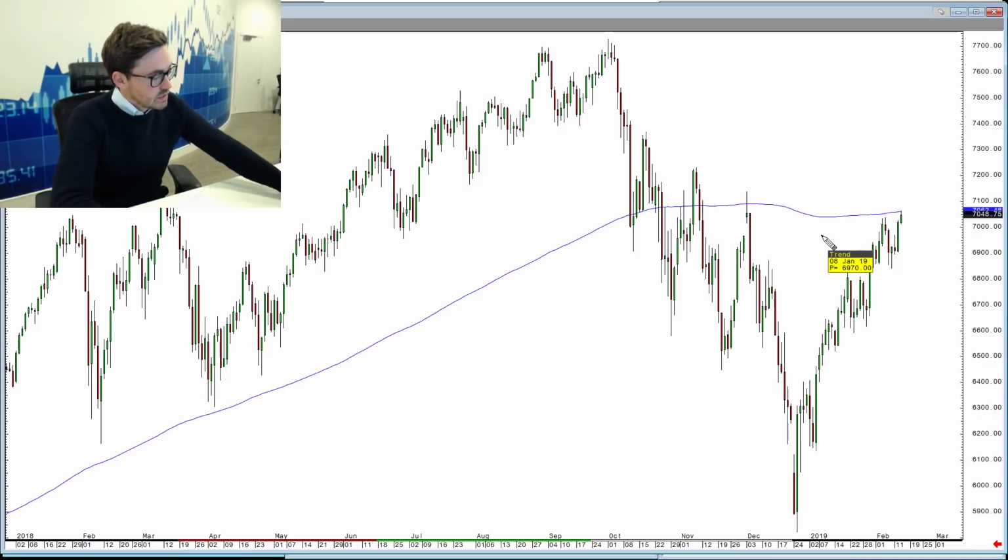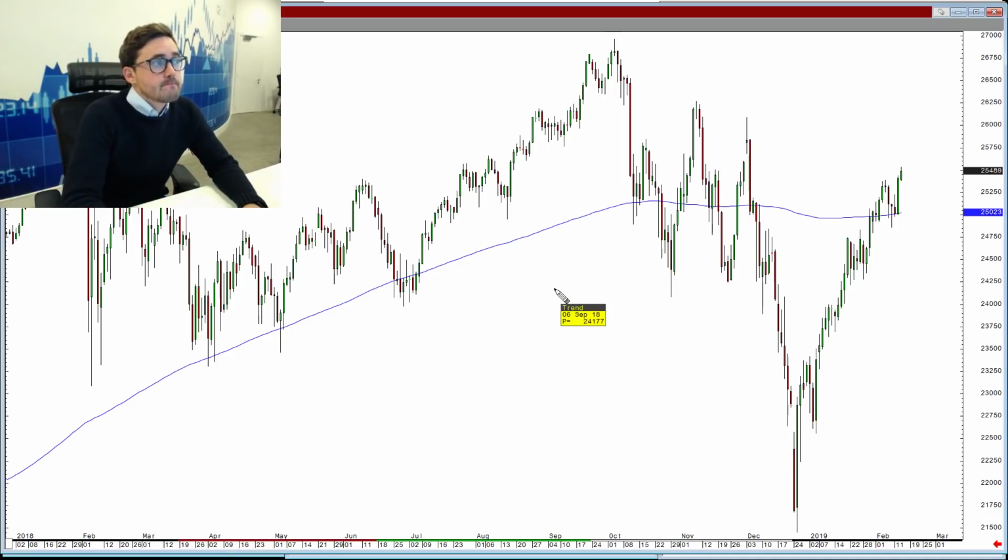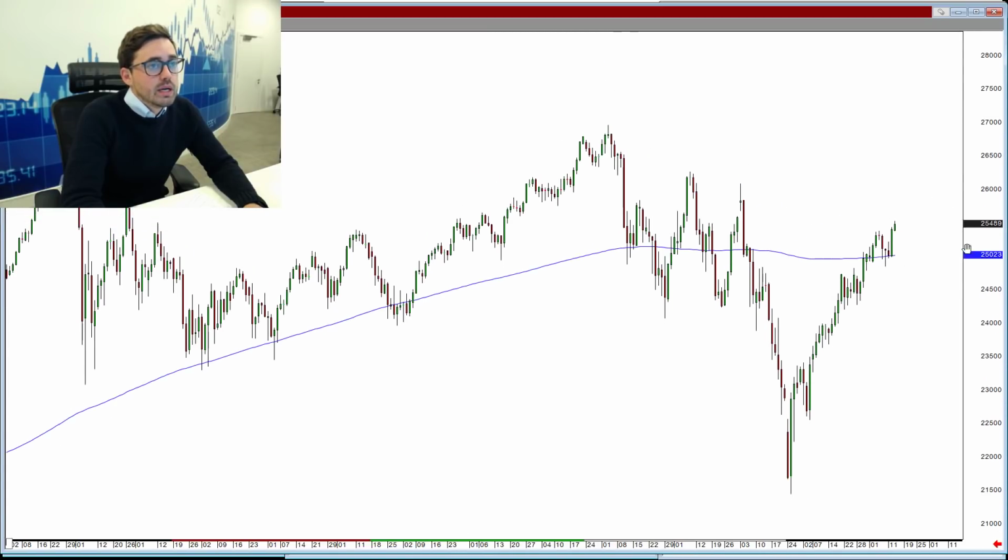The Dow Jones, interestingly, broke through the 200-day moving average a few days back, but similar to Nasdaq, hadn't really been respected too much except maybe April last year. What interests me more in the Dow Jones is this trend line from the 8th to the 3rd of December, and you can see where we're coming to sort of test it now.